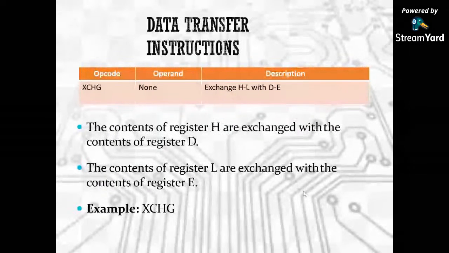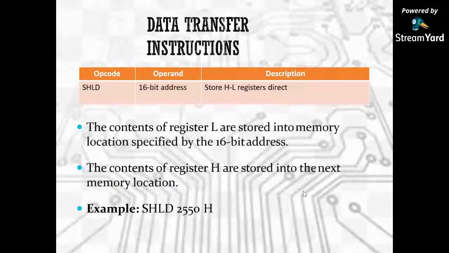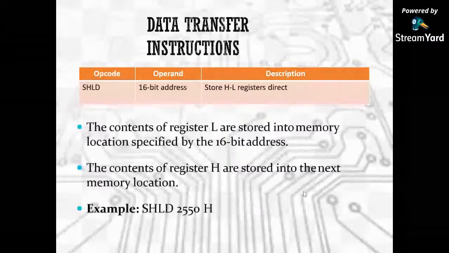XCHG ya, exchange HL with DE. Jadi ini akan simple saja, akan swap ya. Konten register H akan di-exchange dengan konten register D, konten register L akan di-exchange atau ditukar dengan konten register E. SHLD ini juga sama, konten register L akan disimpan ke dalam memori lokasi yang dispesifikasikan oleh alamat 16 bit.